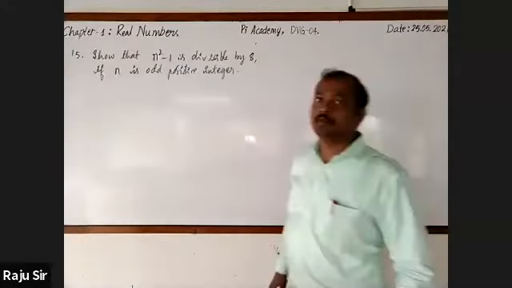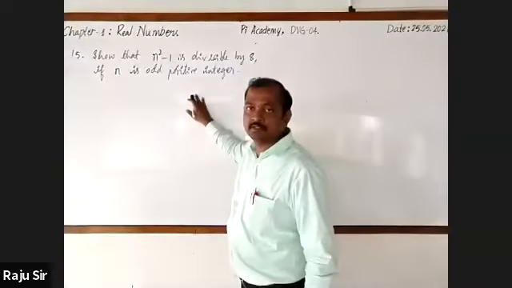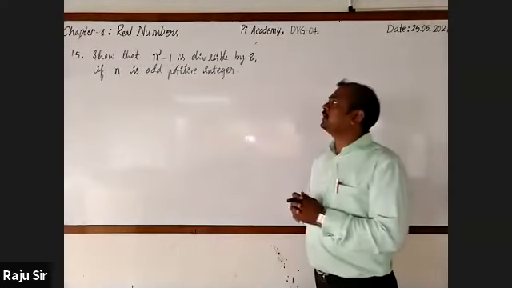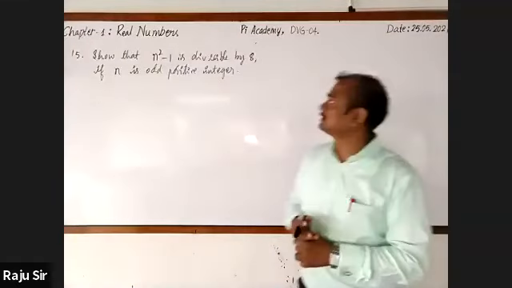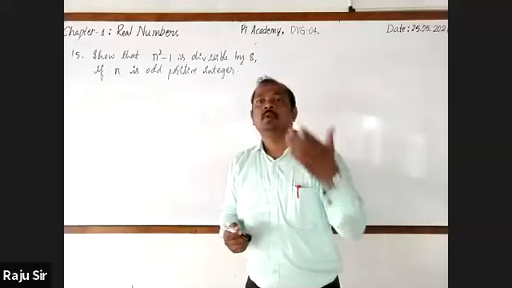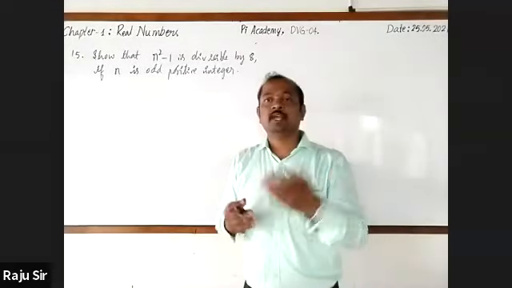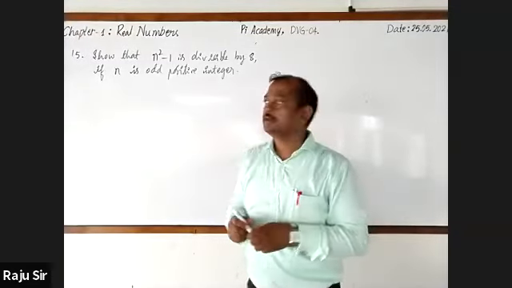Okay. Observe. Hope that you have copied this. Now go through the statement. Show that n square minus 1 is divisible by 8 if n is any odd positive integer. It is also one of the general statements or general patterns which can be proved just by taking few examples.